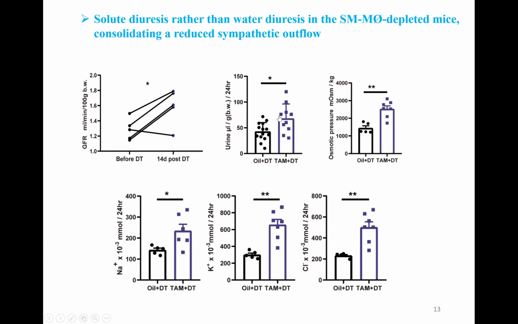This is accompanied with an increase of excretion of many electrolytes, suggesting this is a solute diuresis rather than a water diuresis, fitting into the phenotype of sympathetic nerve dysfunction.